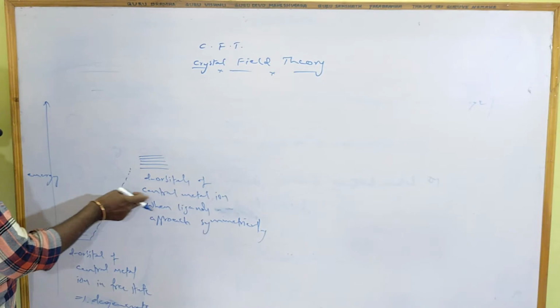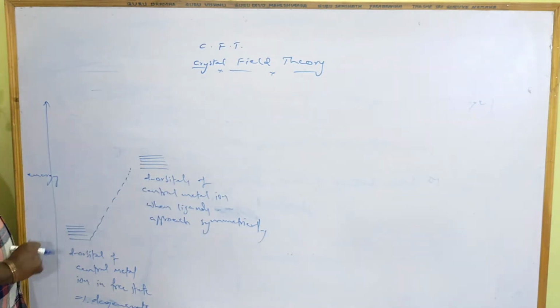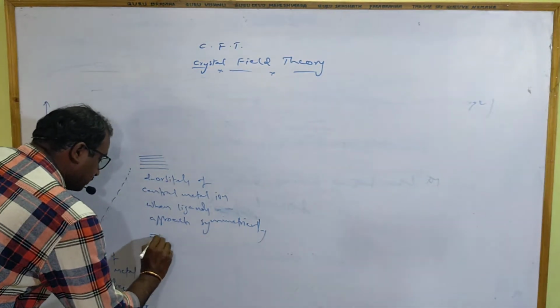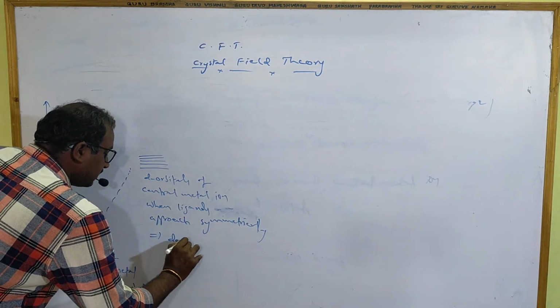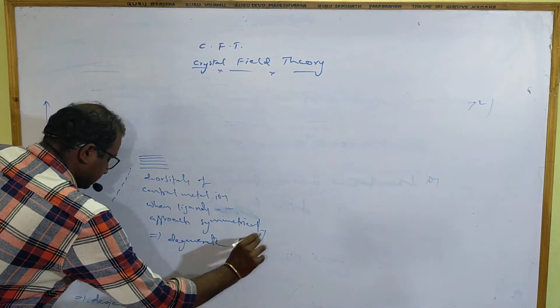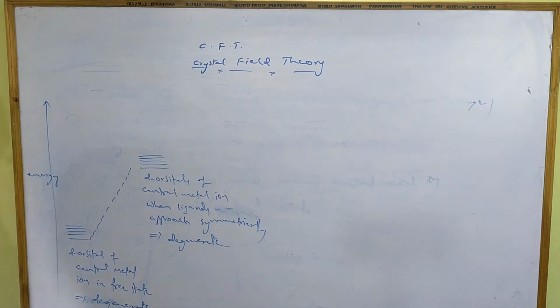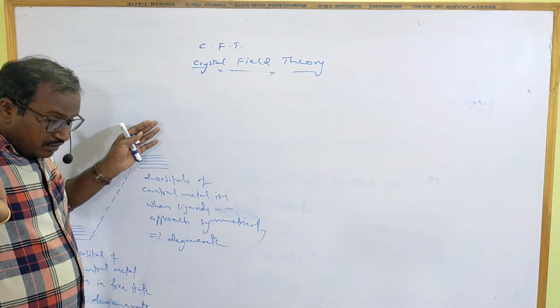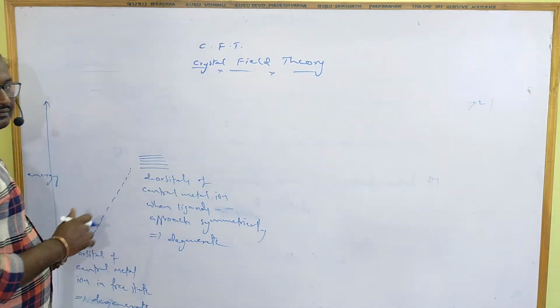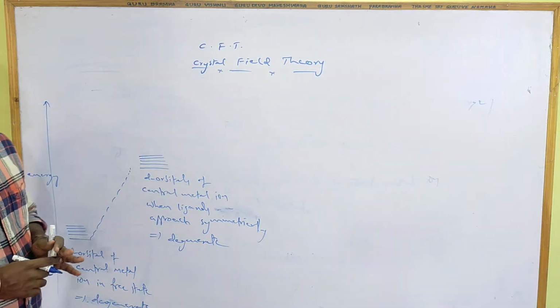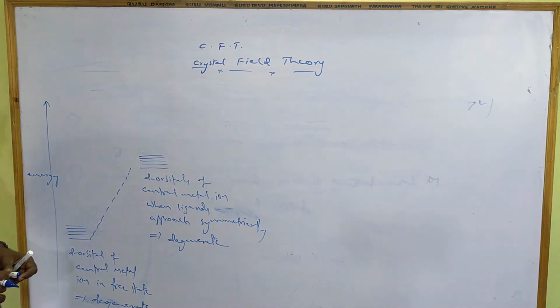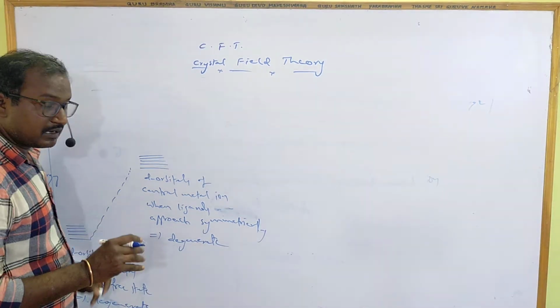The energy of the d orbitals in the central metal ion is more. Here also they are degenerate orbitals. But when the ligands come close to the metal, they cannot approach symmetrically; they have to approach the metal in a particular order.